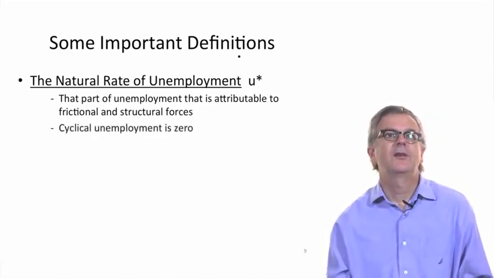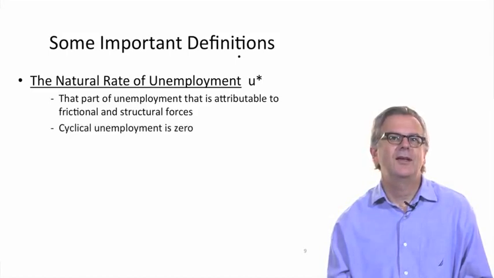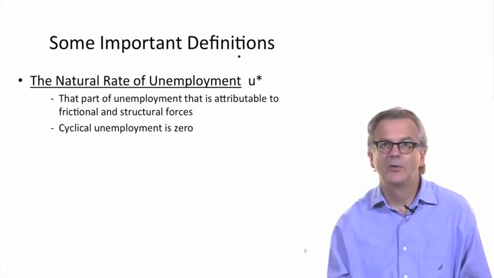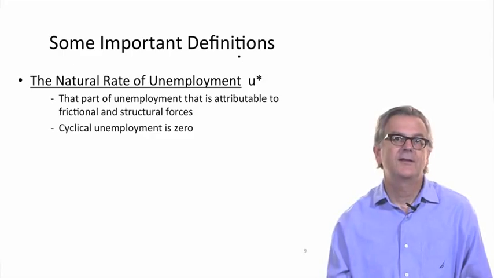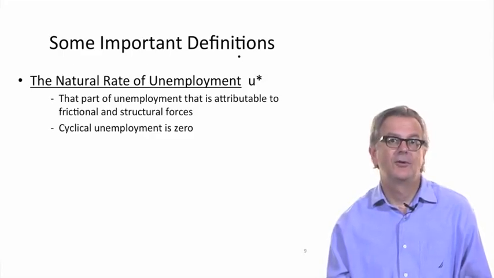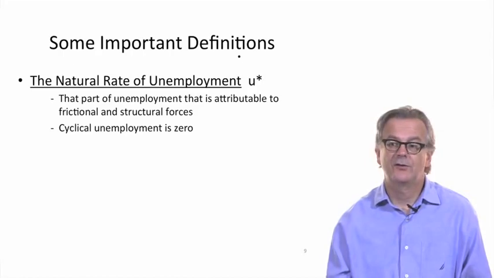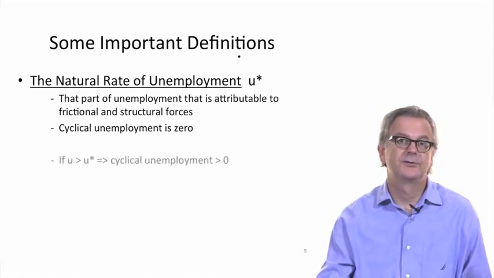The other way to think about the natural rate of unemployment is that if you observed an economy where the actual rate of unemployment was exactly equal to the natural rate of unemployment, then that is saying that there is no cyclical unemployment. The economy is not in a recession, for example, and the only unemployment that we're observing is that caused by frictional and structural forces.